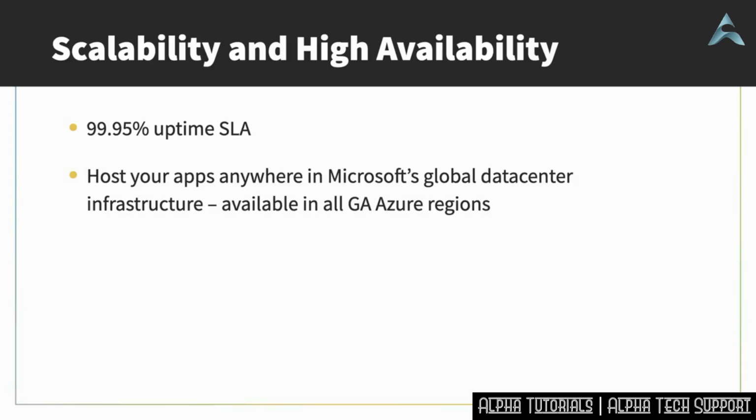So all the Azure regions, because this is one of the core Azure services, and it's available in all the regions in Azure that are already in GA. GA, by the way, stands for General Availability. And in some tiers, or better yet, in a very specific tier called the App Service Environment, you can even scale this up to 100 instances. So, big scale here that we can have with this.